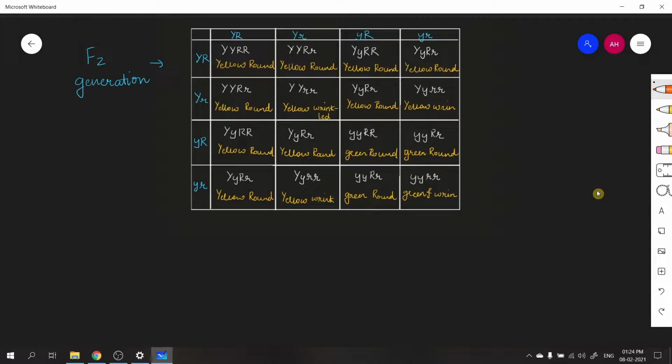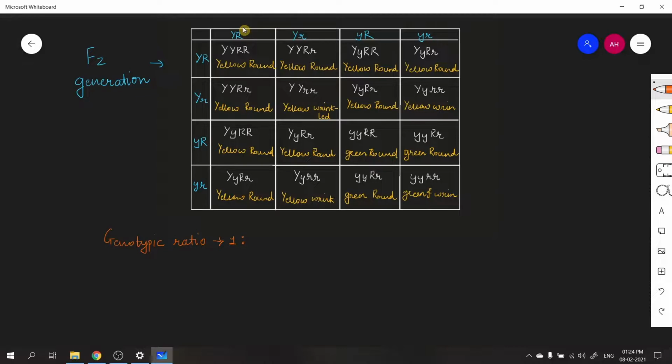So to find out the genotypic ratio, or the ratio of the possible genotypes, we will diagonally look at this box. So we will start with this particular box here. Alright. So this genotype capital Y, capital Y, capital R, capital R occurs only once in the entire box. So we will write number 1 here.